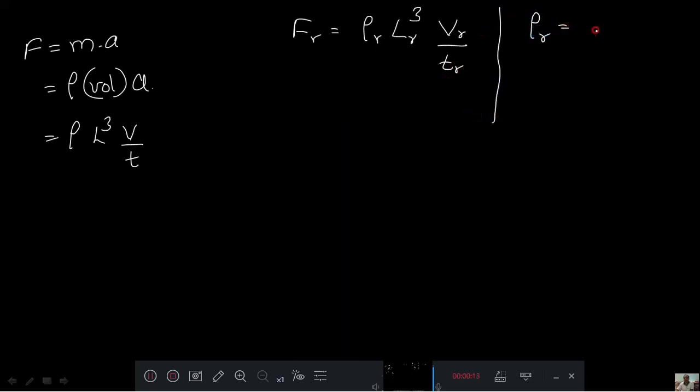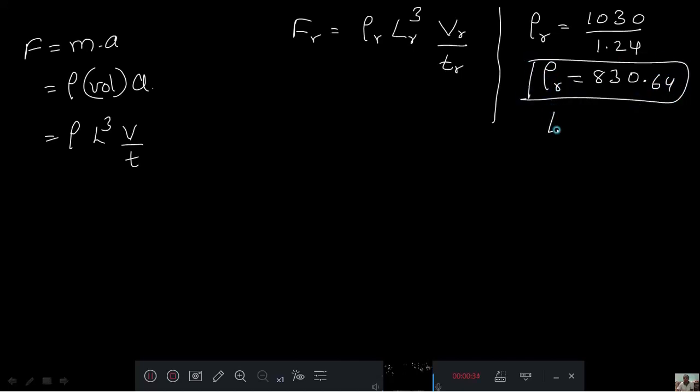Then rho r is the density of the prototype divided by density of the model, that is 1030 divided by 1.24, that is 830.64. This is rho r, right? Then Lr is given, Lp 30 by 1, that is 30.